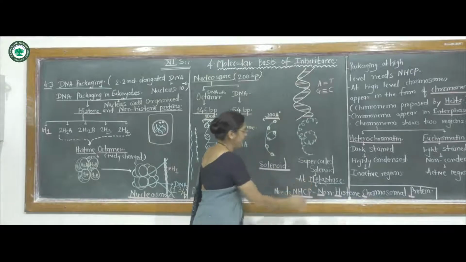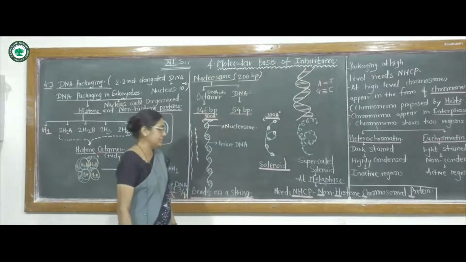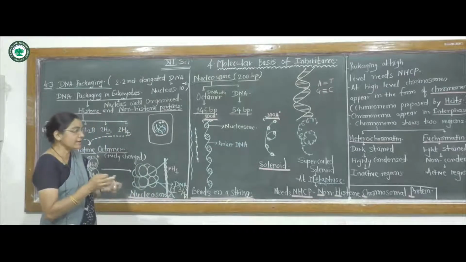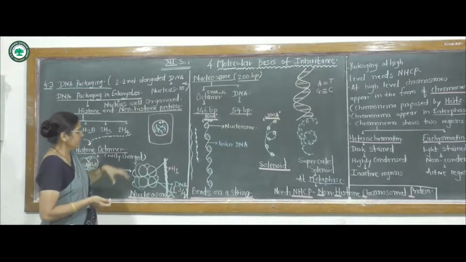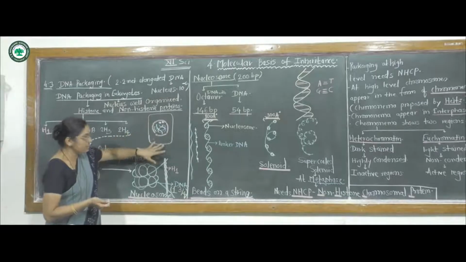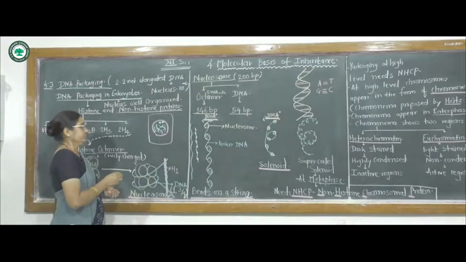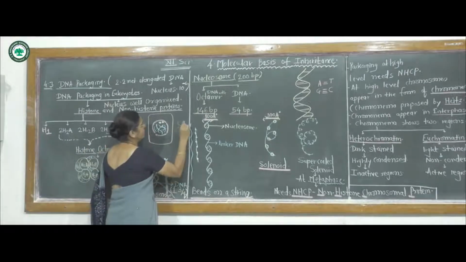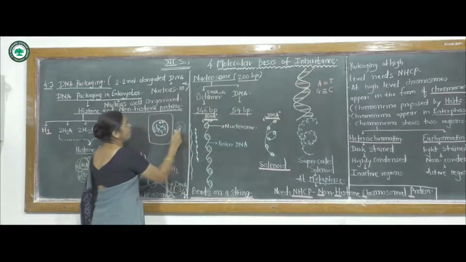So the second phase is the metaphase, and in the metaphase the chromosome always becomes highly condensed. Initially in the interphase there is a chromatin network, which may be termed the chromonema.